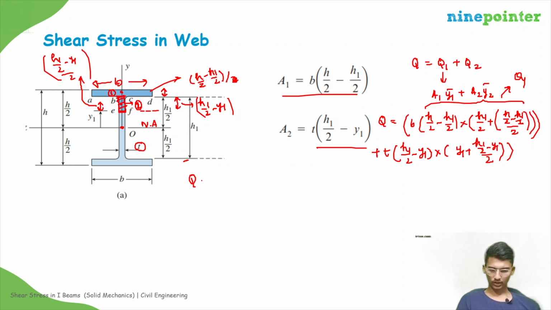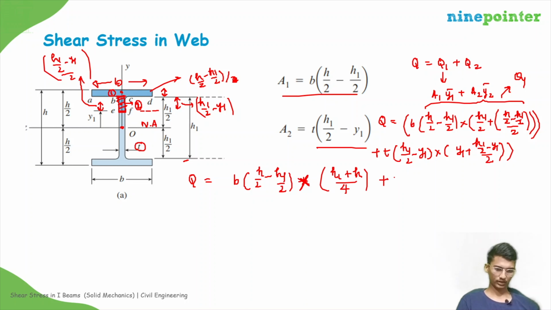So we will get Q equal to B into (H by 2 minus H1 by 2) into (H1 plus H) divided by 4, right? Plus T into (H1 minus 2Y1) divided by 2 into, this will be Y1 by 2 plus H1 by 4, so that will be (H1 plus 2Y1) divided by 4.